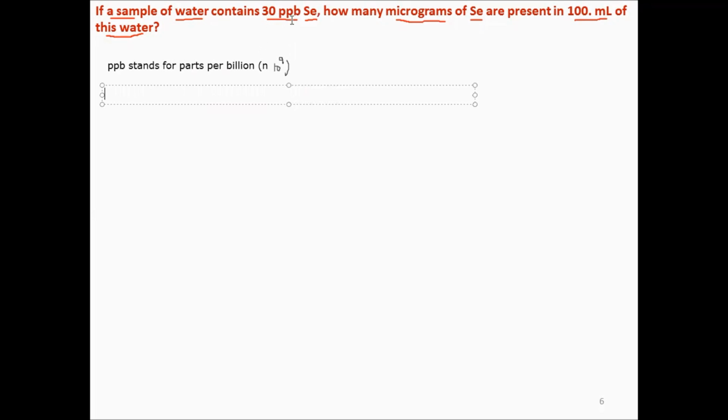So 30 ppb means that we have 30 grams of selenium in 10 raised to the power 9 gram of solution.